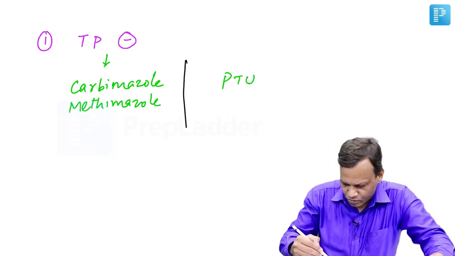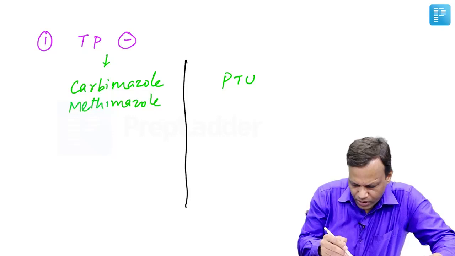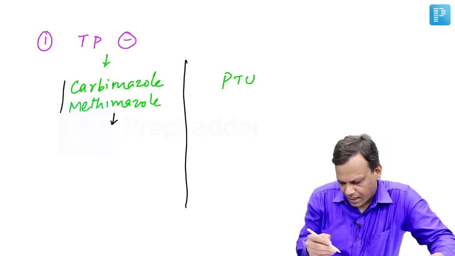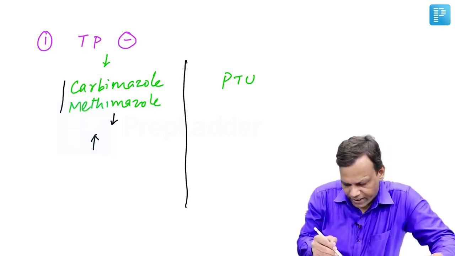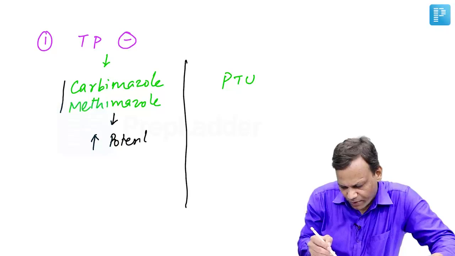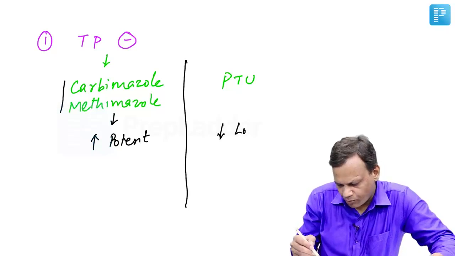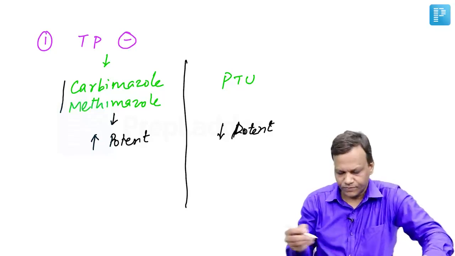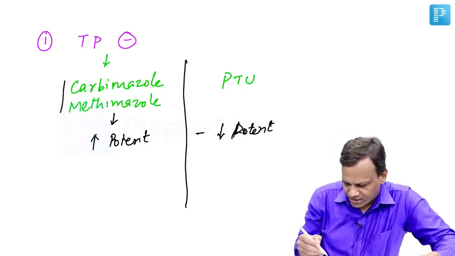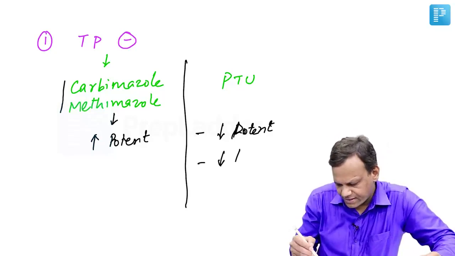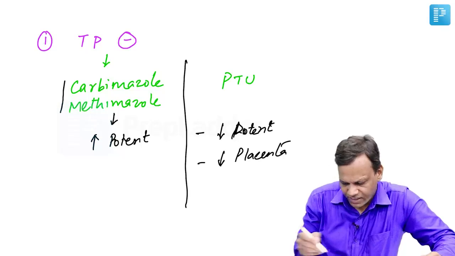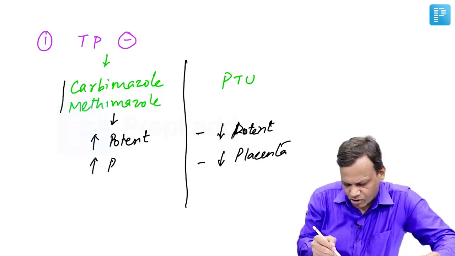And the difference between them is important. Carbimazole and methimazole are more potent drugs, whereas propyl thiouracil has less potency. Second, propyl thiouracil crosses the placenta less, with less transfer across the placenta, whereas these have more transfer across the placenta.